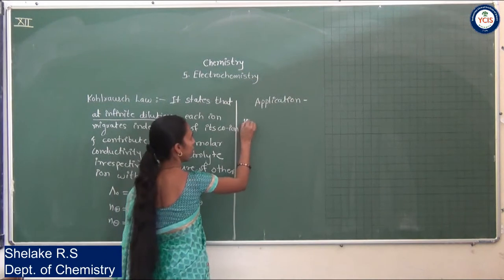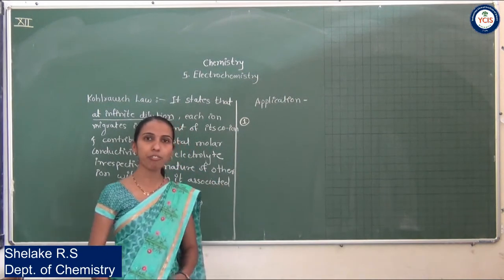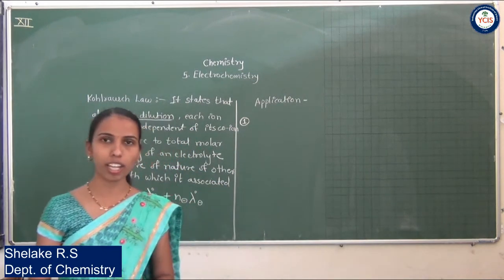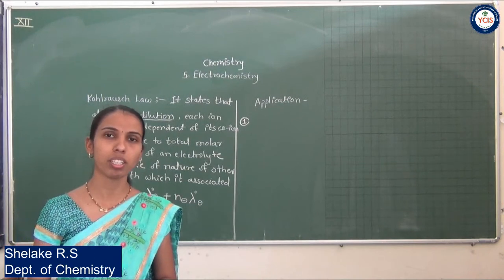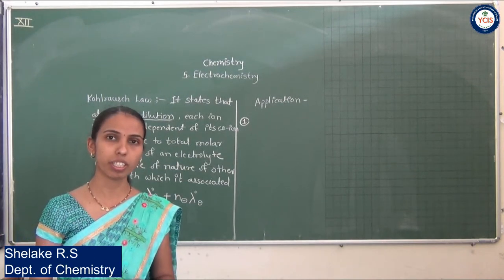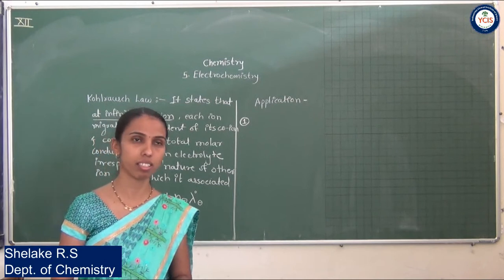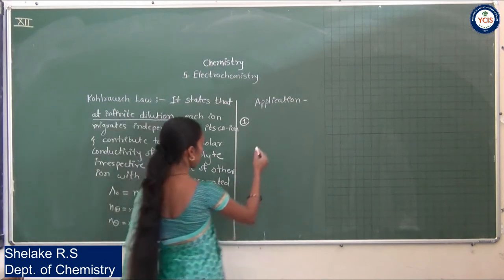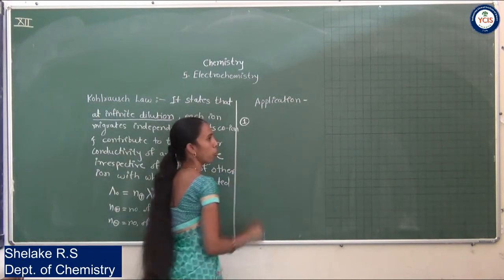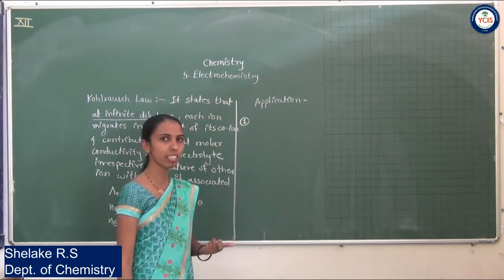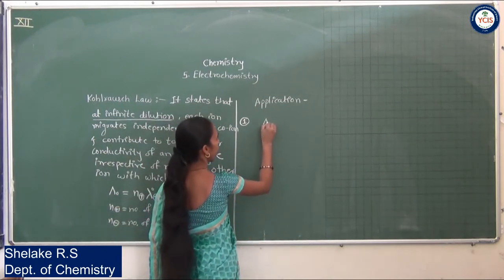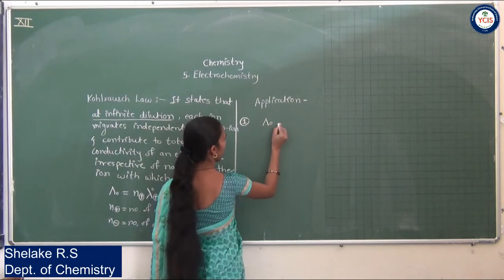The first application of Kohlrausch's law is that we can find the molar conductivity of any electrolyte by knowing the molar conductivity of its ions. For example, if you know the molar conductivity of K plus and Cl minus, we can find the molar conductivity of KCl.